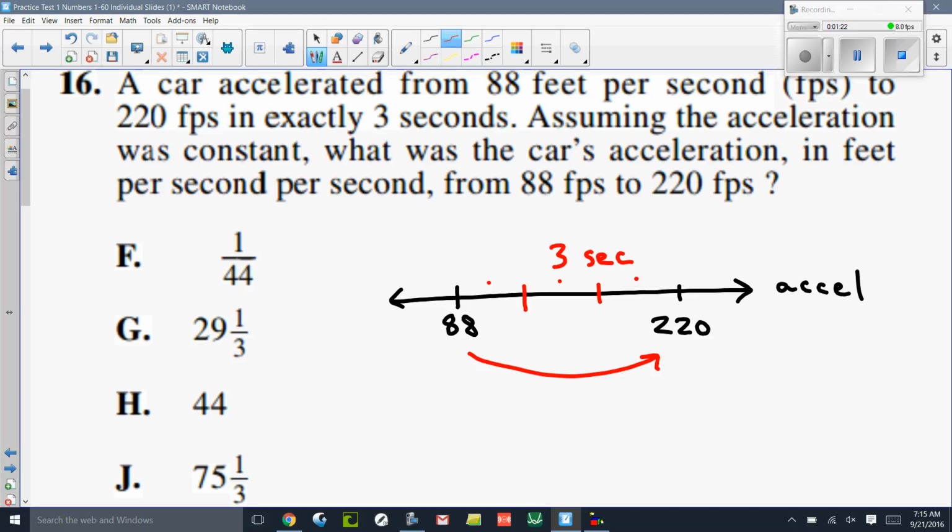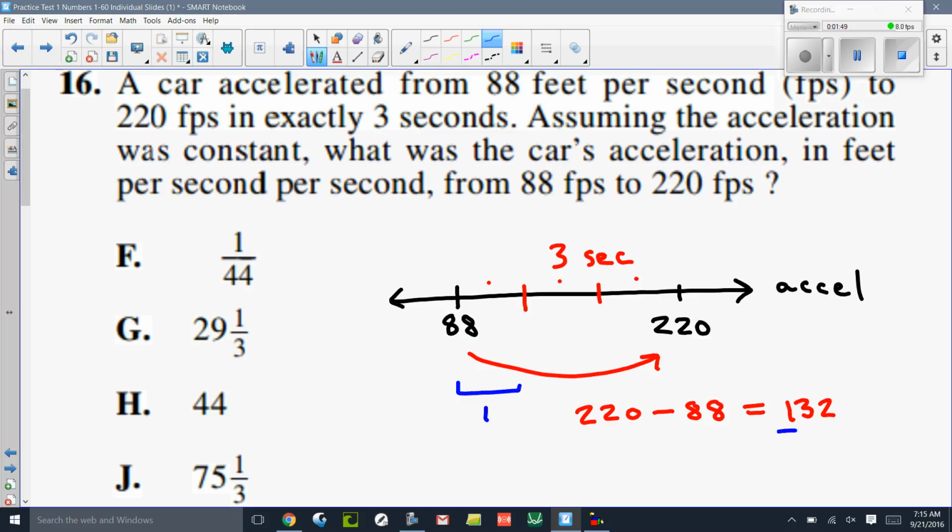So what I'm going to do is figure out the increase from 88 to 220. That would be easiest done by taking 220 minus 88. So we can see that in 3 seconds total, we accelerated 132 feet per second squared. Obviously, we're trying to figure out how much it accelerated in just a 1 second interval.